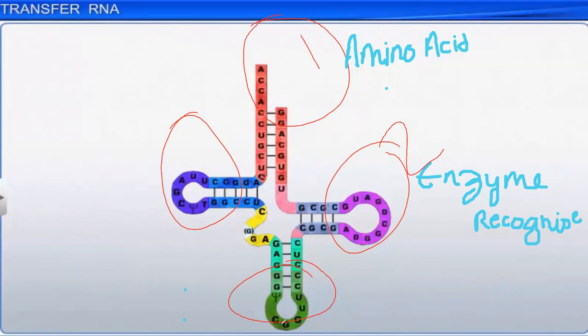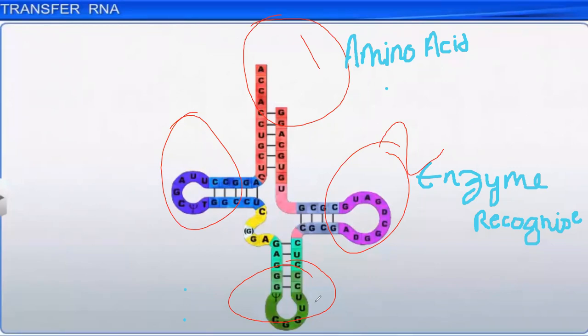So C means in the mRNA what should be there? G should be there, right? If it is written G, it should be C. If it would have been A, it would have made a complementary pairing with U, not T. So like that.